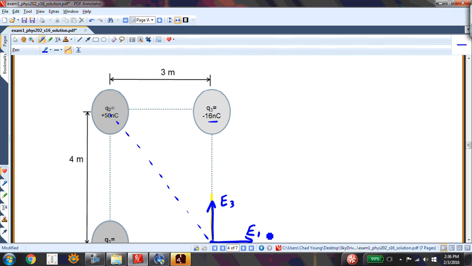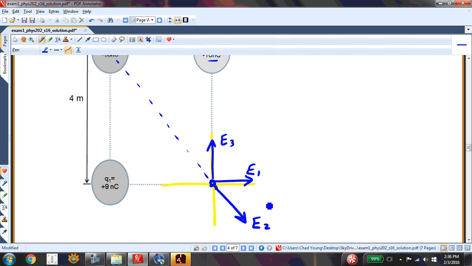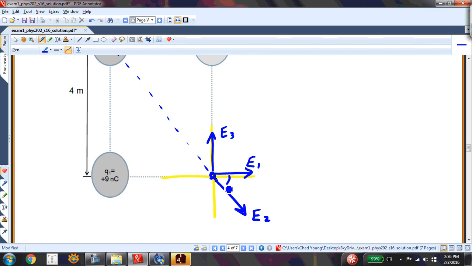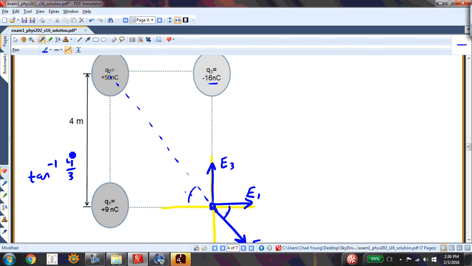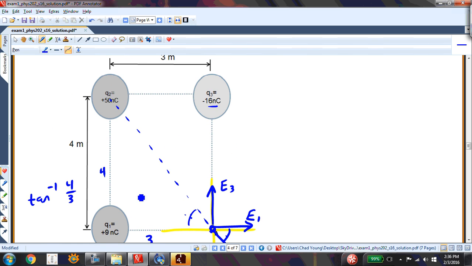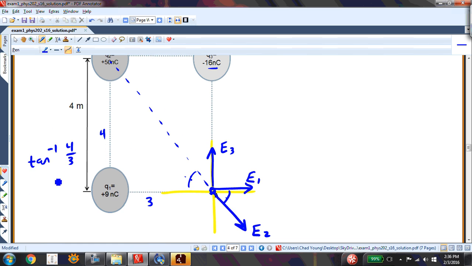I can go ahead and find the magnitudes. No, I'll hold off on finding the magnitudes. Let's go ahead and figure out our direction. So I'll need to know what is this angle. That angle will be the same as this angle because these two angles are opposing to one another. I can do the inverse tan of 4 over 3. This is 4, this is 3, as it says up here. That's equal to, if you're not certain, 53 degrees. You can do that inverse tan.